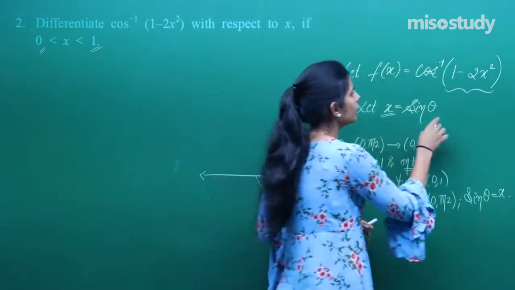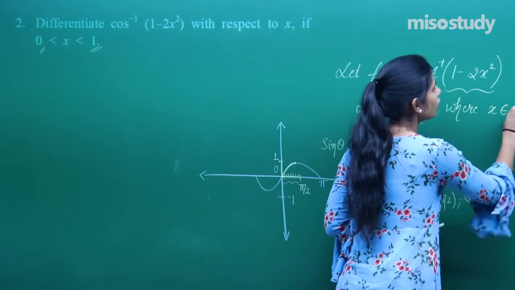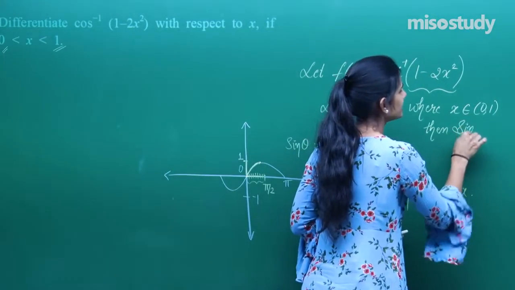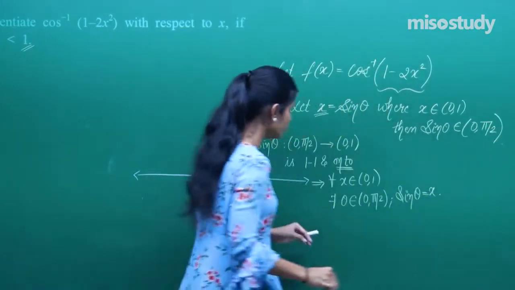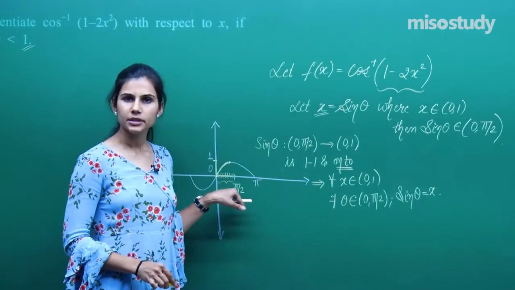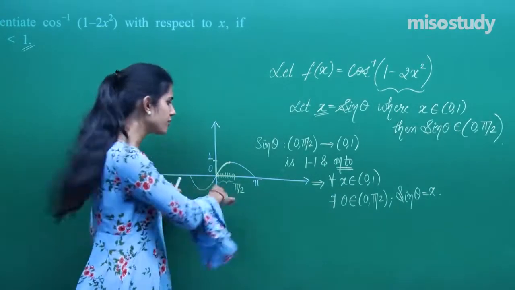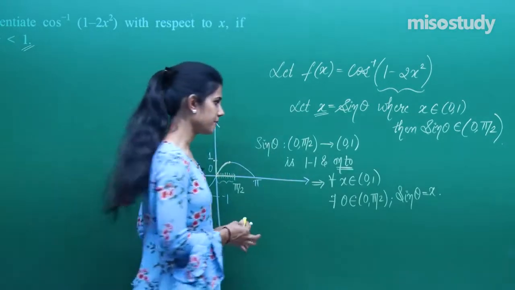Because x is equal to sine theta, if x is coming from the open interval (0, 1), then theta is coming from the open interval (0, pi by 2). Is it understood? I am only talking about the principal value branch. I am not moving ahead of this interval. That is the purpose here.